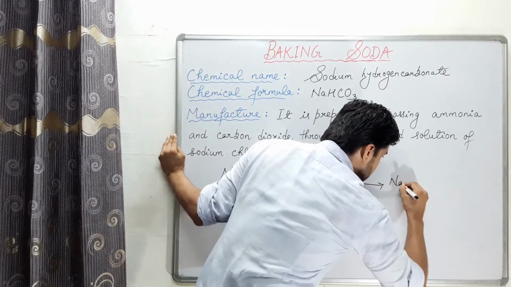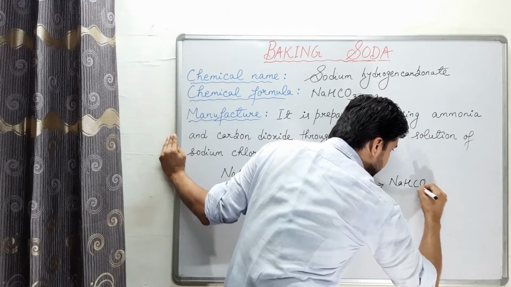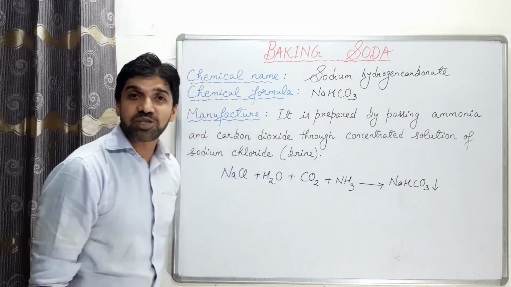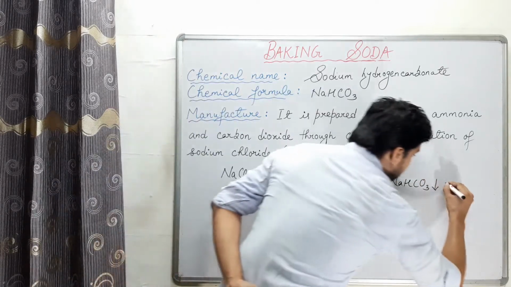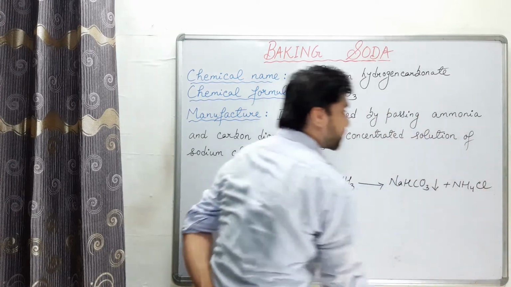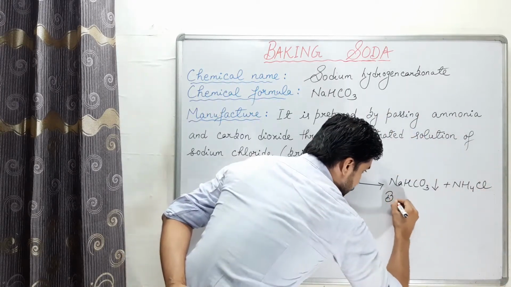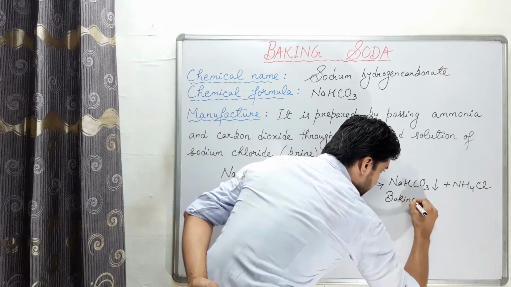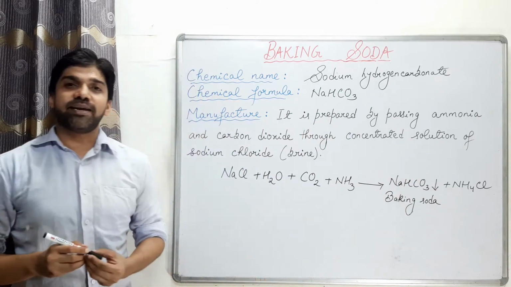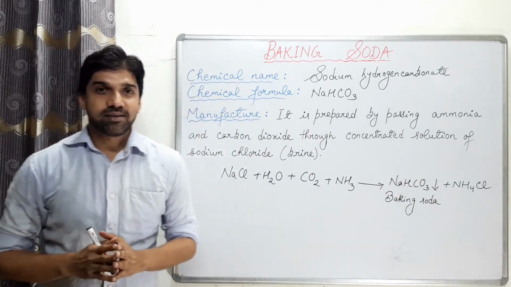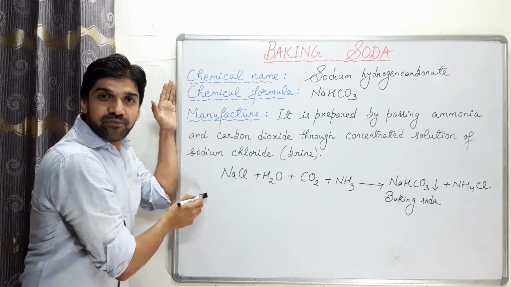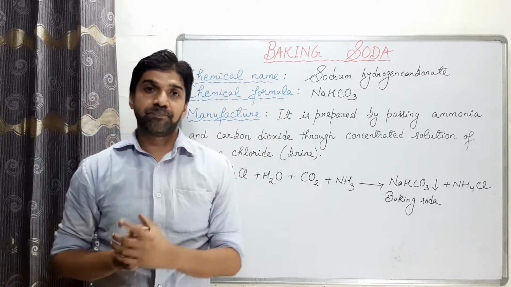Products are sodium bicarbonate, baking soda, in the form of precipitate because it is less soluble in water, and ammonium chloride. So that's the manufacture, preparation of baking soda, sodium bicarbonate. Clear? So that's about the chemical name, formula and preparation of baking soda.